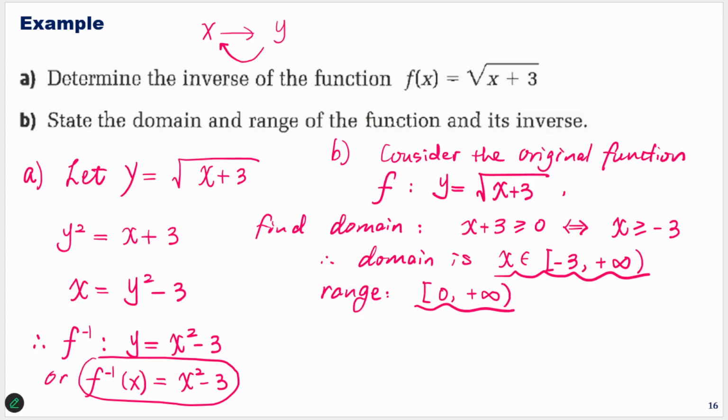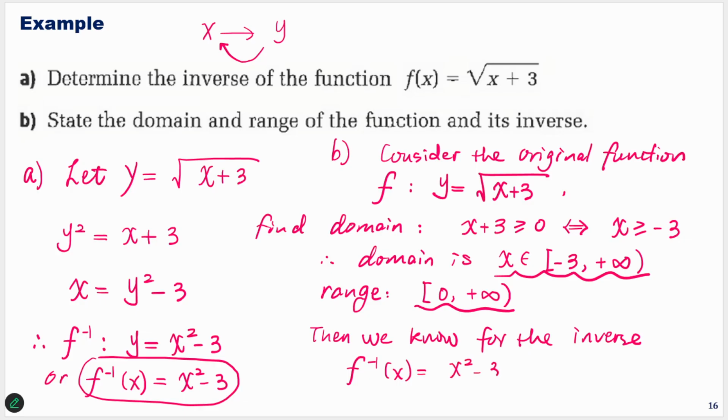Now you can directly find its domain and range according to the original function. Then we know for the inverse, we'll use letter f inverse. We also know its expression, which is x squared minus 3.